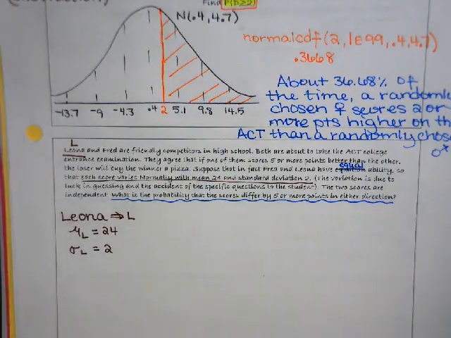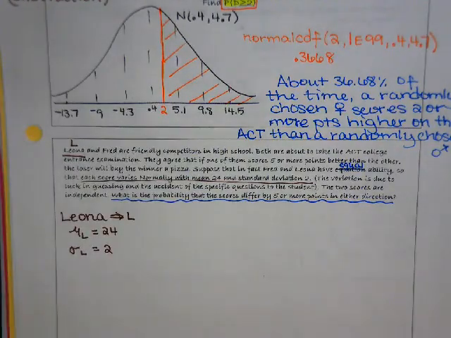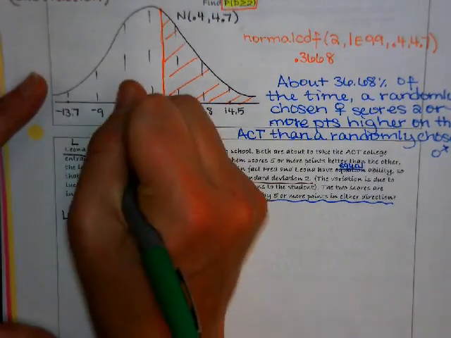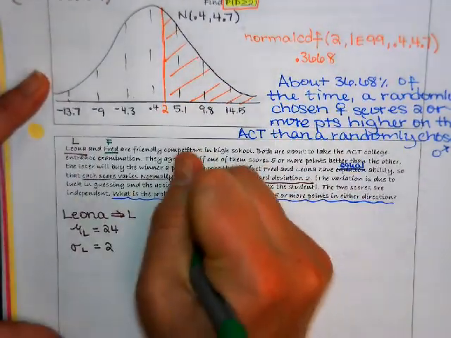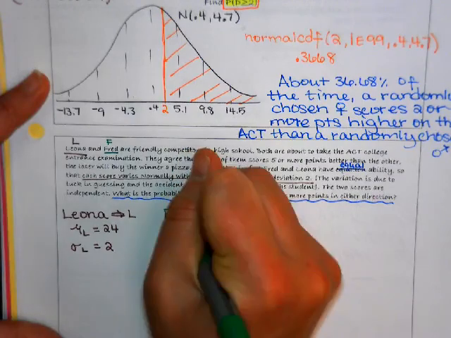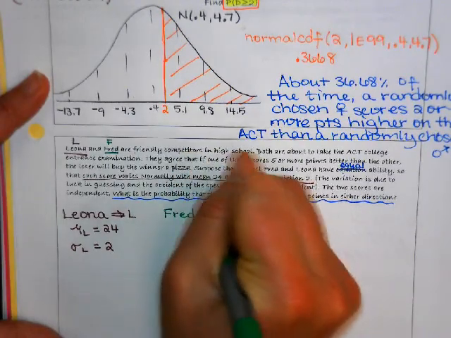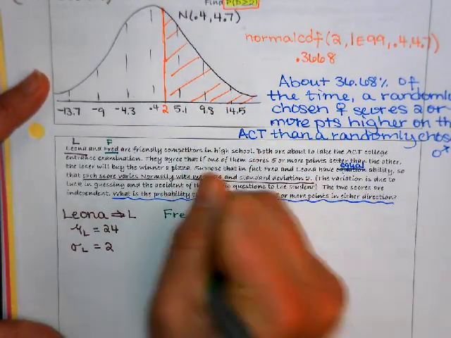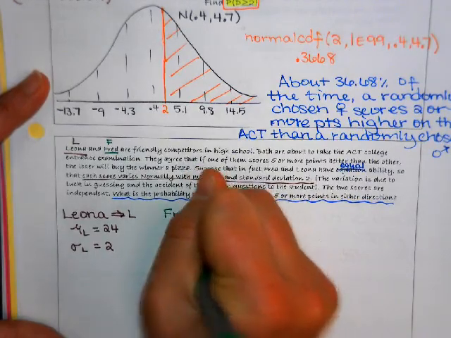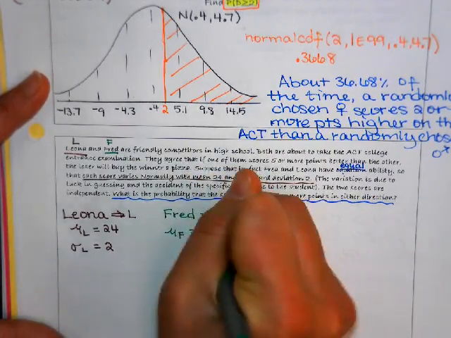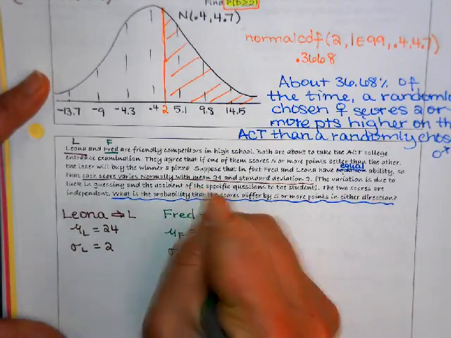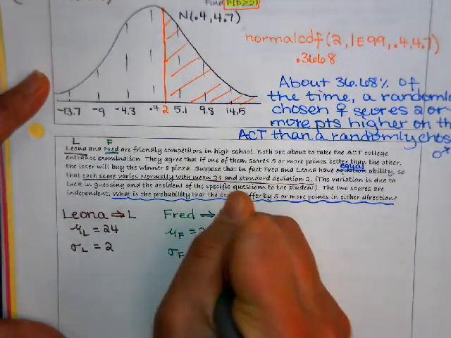So the mean for Fred is also 24, and the standard deviation for Fred is also 2. Now it tells us we want to find the probability that the scores differ, so we are working with the subtraction problem.